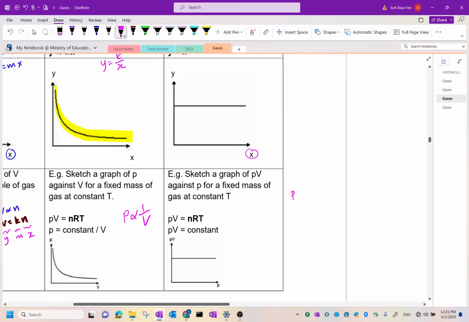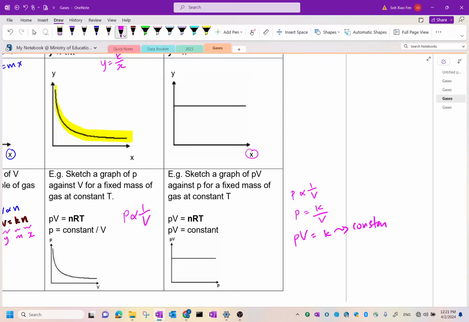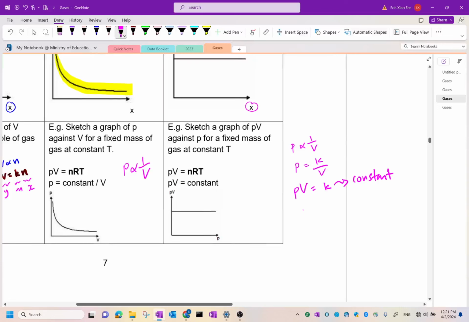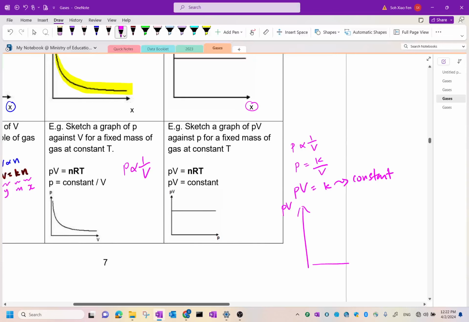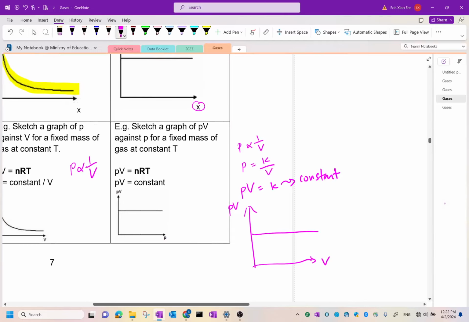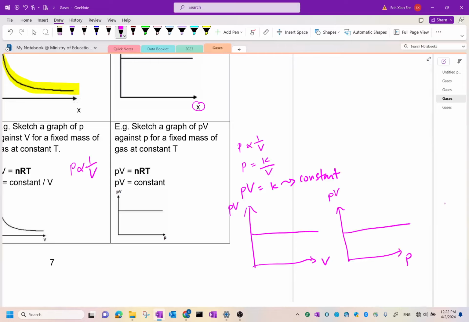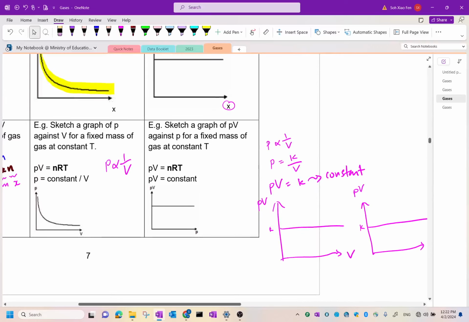P is inversely proportional to V, so P equals k over V, so PV equals k, which is a constant. Agree? Therefore, if I plot PV versus V, it will be a horizontal line, a constant. If I plot PV versus P, it should also be a constant. This constant is the value of k, depending on what the value is. Can? That's what it means here.